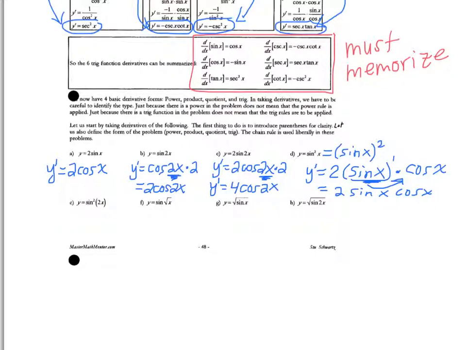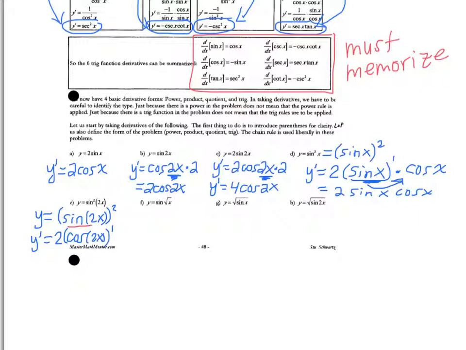Alright. Next one down below here. So understand that if we were to rewrite this, notice I'm writing y equals, not y prime yet. This is the same as the sine of 2x, whole thing squared. So now I'm ready for y prime. And again, this is chain rule, so 2 times the cosine of 2x. That is my inside.